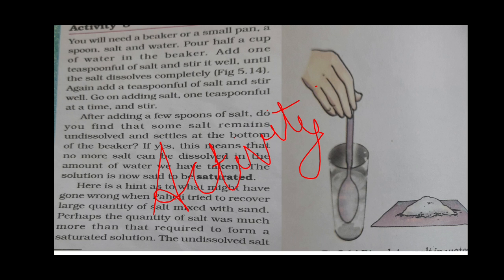Pour half a cup of water in the beaker. Add 1 teaspoon of salt and stir it well until the salt dissolves completely. Again add a teaspoon of salt and stir it well. Go on adding salt 1 teaspoon at a time and stir.